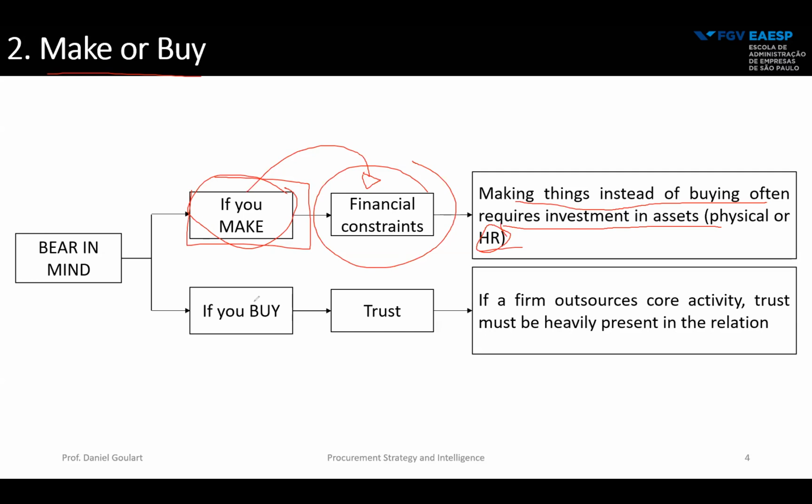And if we decide to buy, we need to bear in mind that trust is key. The higher the level of asset specificity, the higher needs to be the level of trust between buyer and supplier.